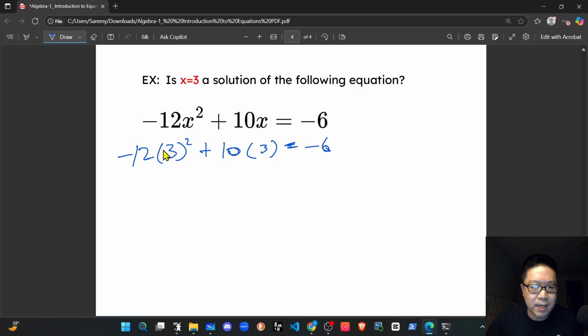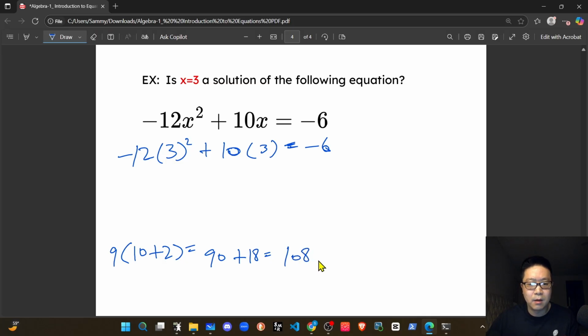So knowing PEMDAS, I know that I have to square 3 first before multiplying it by negative 12. So 3 squared is 9. 9 times negative 12. We can break up the 12 into 10 and 2. So 9 times 10 is 90. 9 times 2 is 18. When we add, we get 108. So we have negative 108.